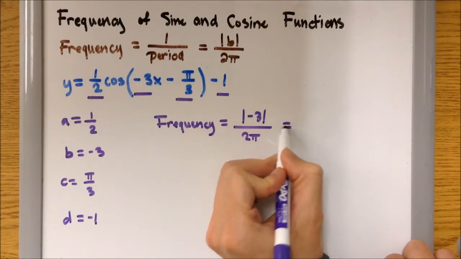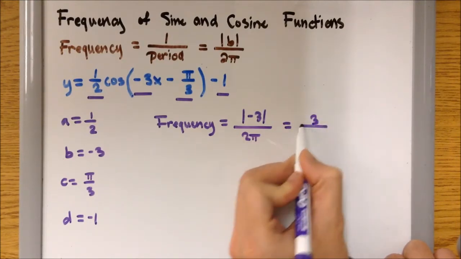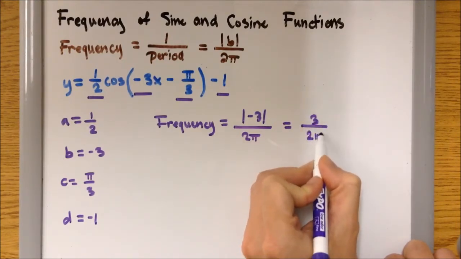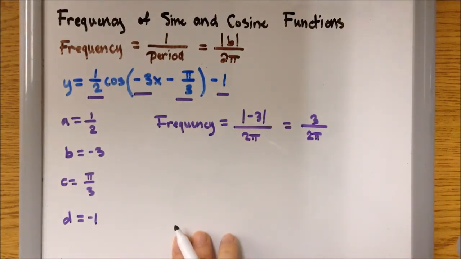The absolute value of -3 is just 3 over 2 pi. And then there's nothing else you can do. You can't simplify, nothing in common between 3 and 2. So my frequency is 3 over 2 pi.